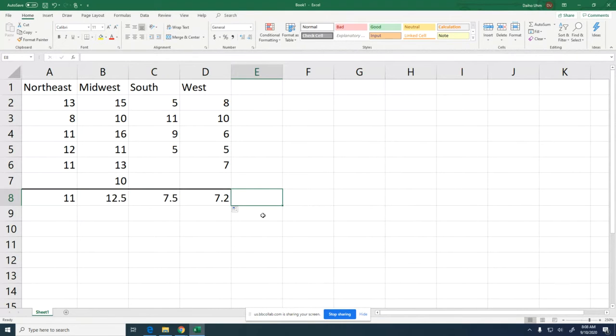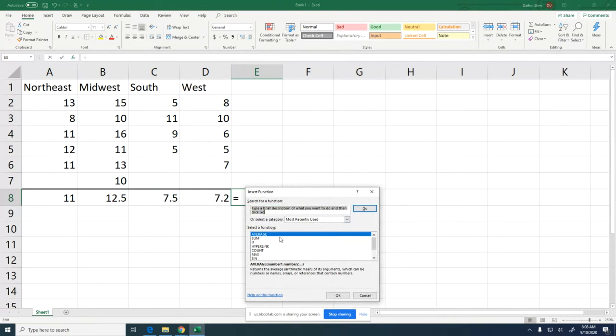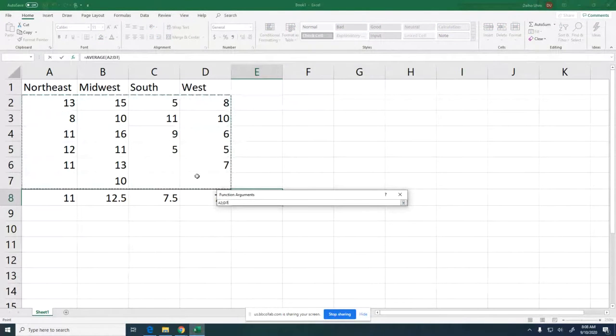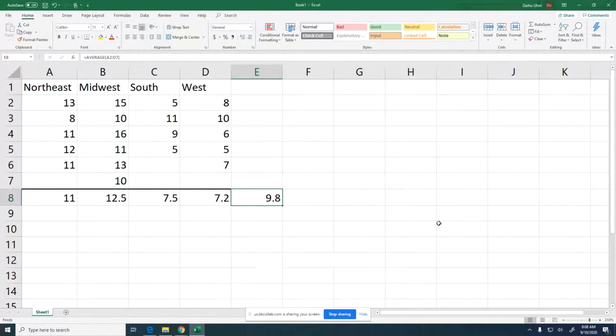Also at the end, I need the overall mean, X bar. So go to the function again, take the average, and select all of them. That is 9.8, the overall mean. And let me take the ni's.